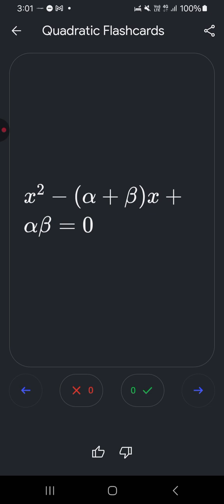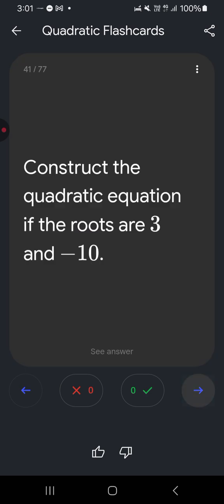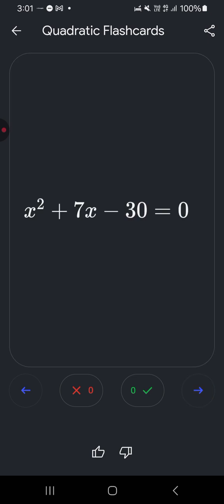This is how we can make a quadratic equation. Construct the quadratic equation if the roots are 3 and minus 10. The answer will be x square plus 7x minus 30 is equal to 0.